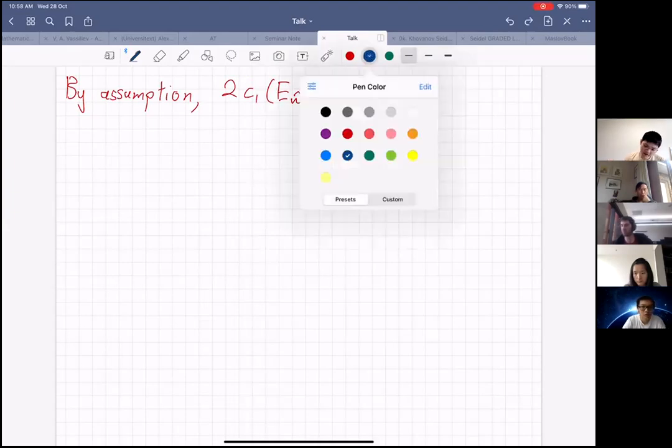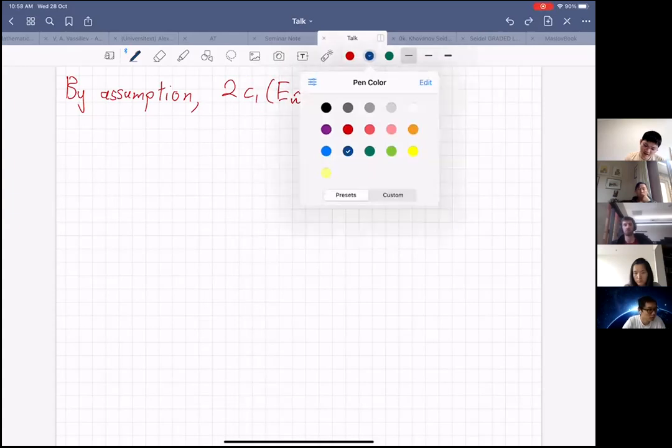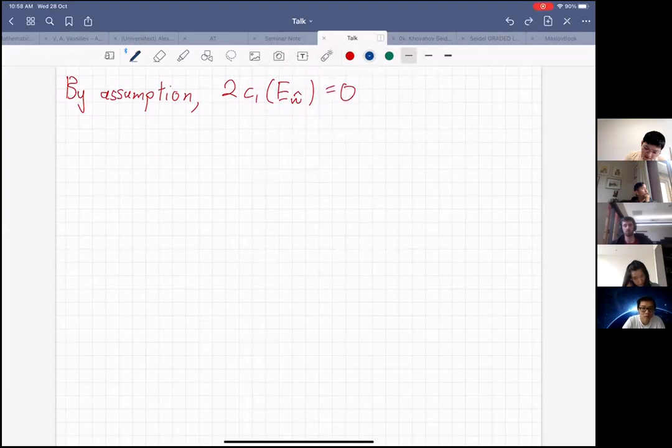But now in this case, 2 times C1 of EW hat, the first Chern class, is 0. So if I denote the line bundle by K, K cross K is trivial.